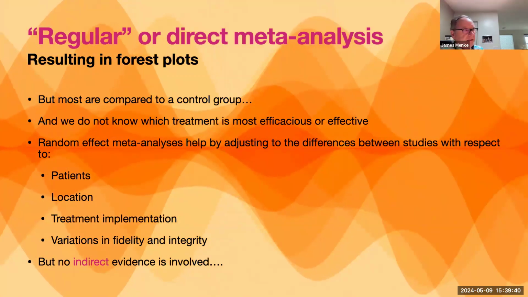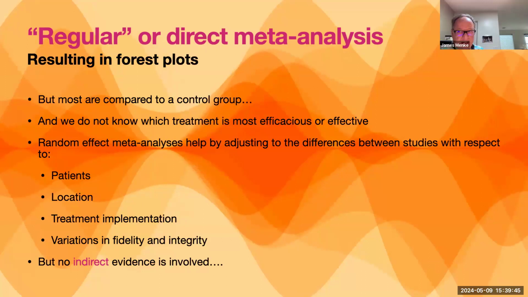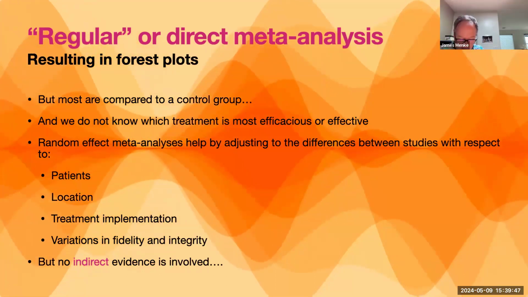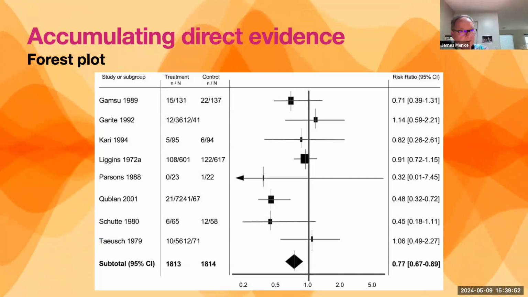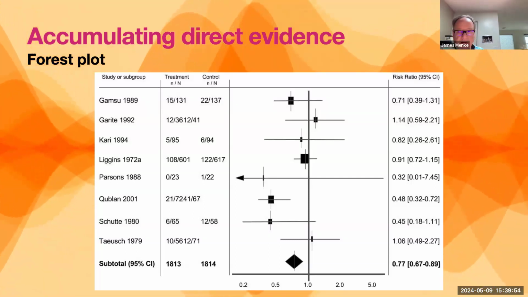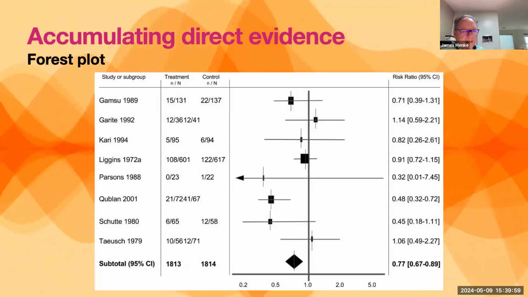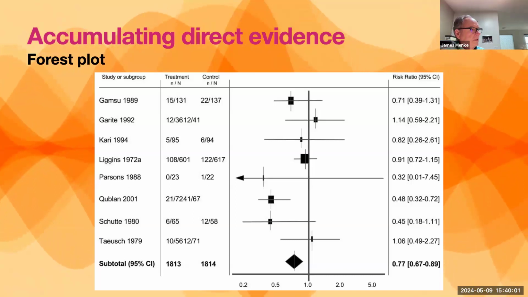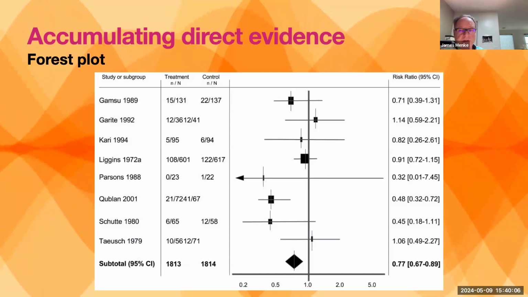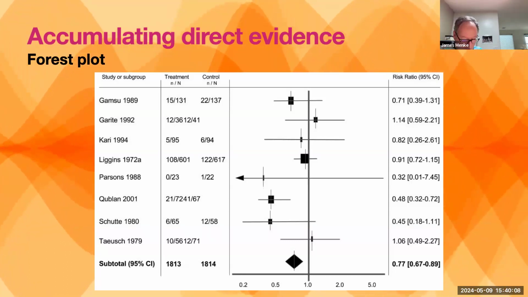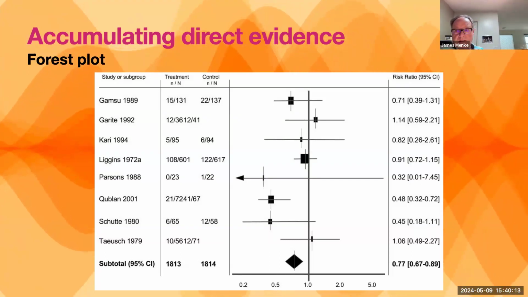That's called direct evidence meta-analysis, where you're comparing things within the same study, and then you stack those studies in a forest plot, and you list the studies down the left-hand column, and you look at how many studies the treatment beat the placebo or the control group. And then at the bottom, you have a subtotal, or a summary of all the studies.